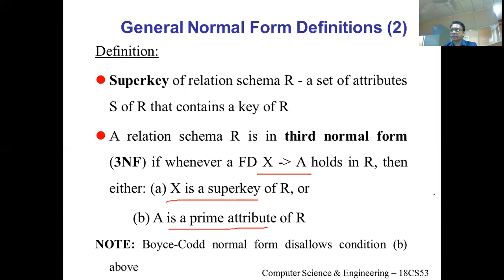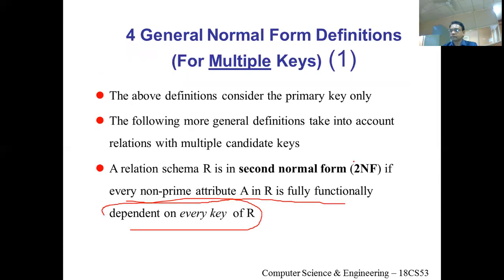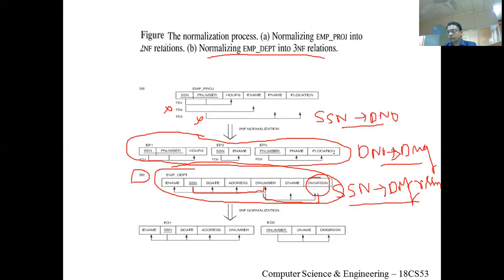In the previous case, if you can see, we have department number determines DMGRSSN, that is X determines A. Either X is a super key, but department number is not a super key, or A is a prime attribute, but DMGRSSN is not a prime attribute.